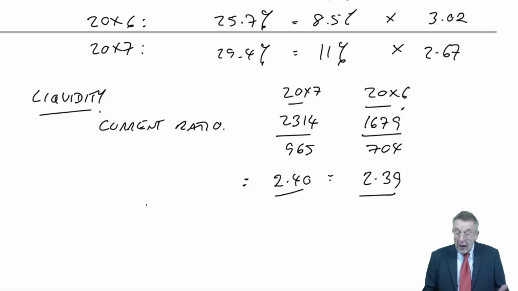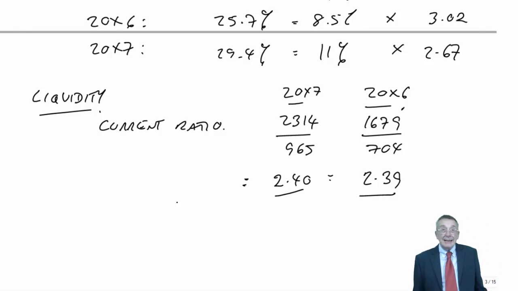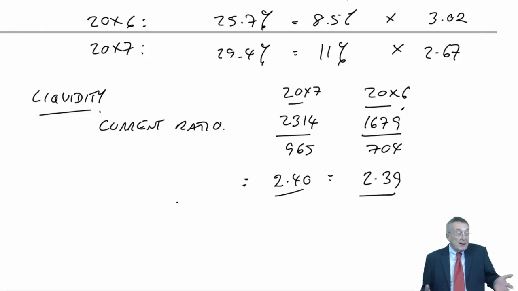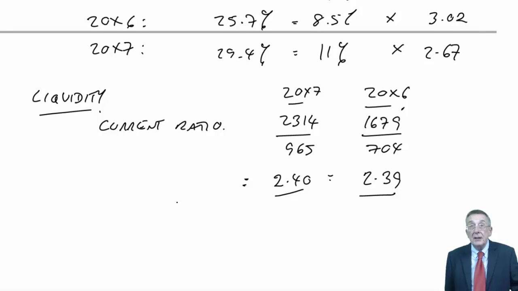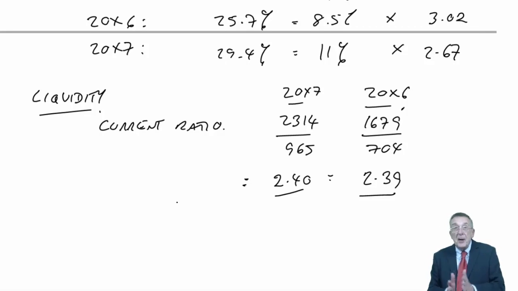Here, obviously, we seem to be way above 1, but there's no magic figure. Different types of business will have different levels of current assets, current liabilities. For instance, a manufacturing company will have inventories, a service company won't have inventories. So there is no sort of perfect level for the current ratio.